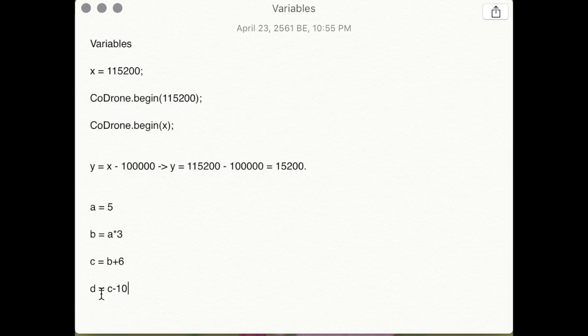And so what this code right here is saying, D equals 5 times 3. This is A. And then this is B. Then plus 6 is C. Make this into a mathematical looking formula.